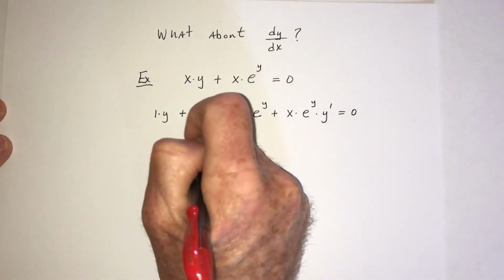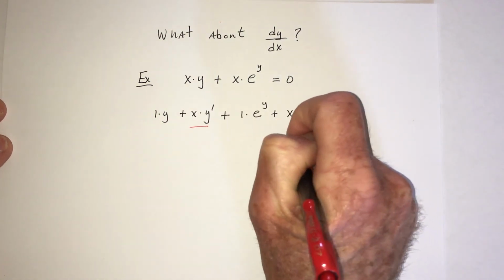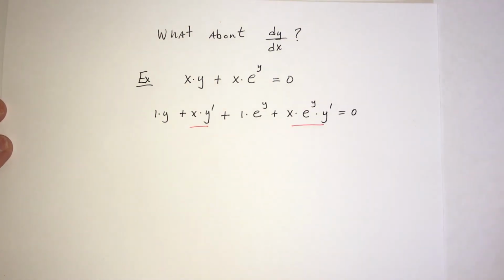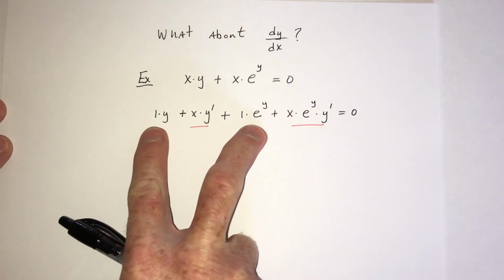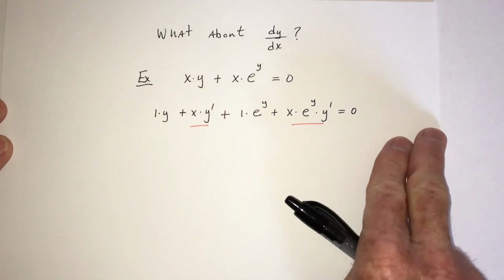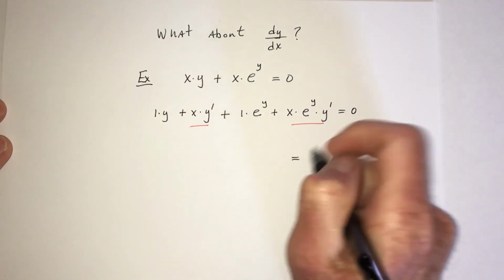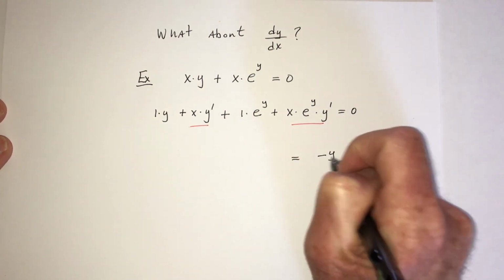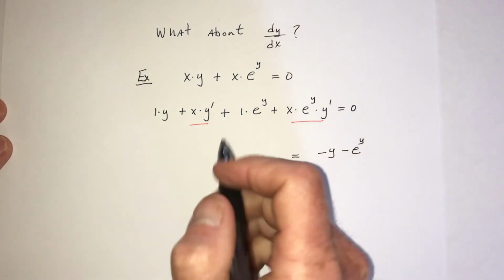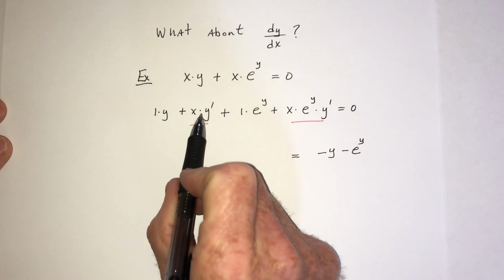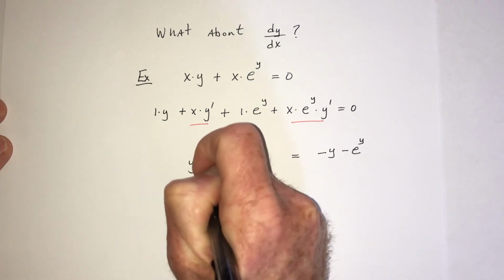So we have an extra y prime. Okay, now this term and this term, they both have y prime. So I'm going to leave those two there, and these two terms that do not have y prime, I'm going to move them to the right side. So subtract y and also subtract e to the y. And for these two, I can go ahead and factor out y prime.